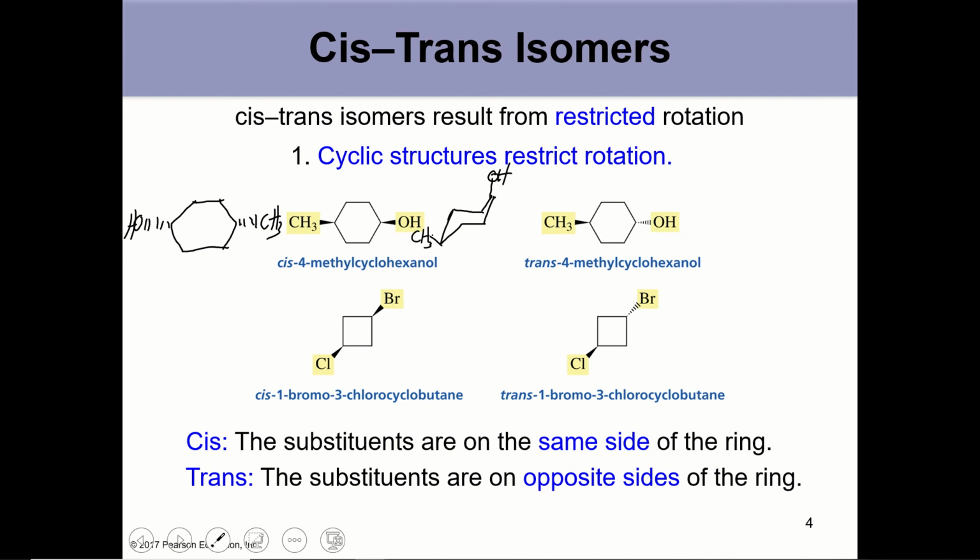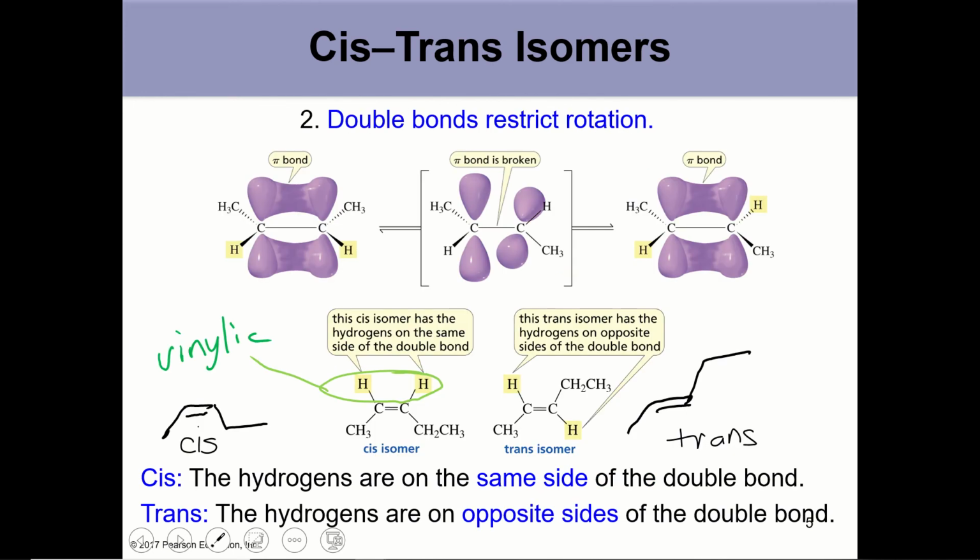Okay, so cis substituents are on the same side, trans substituents are on the opposite side. Now we can talk about cis and trans isomers in terms of double bonds that have restricted rotation. If the double bond rotates, it breaks the pi bond, which is not favorable.